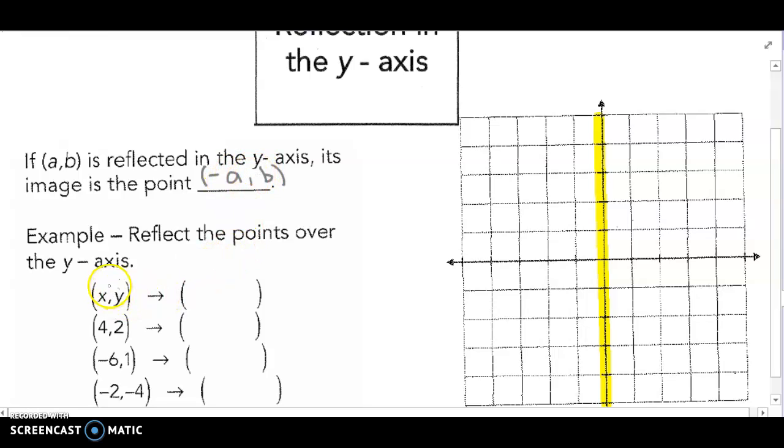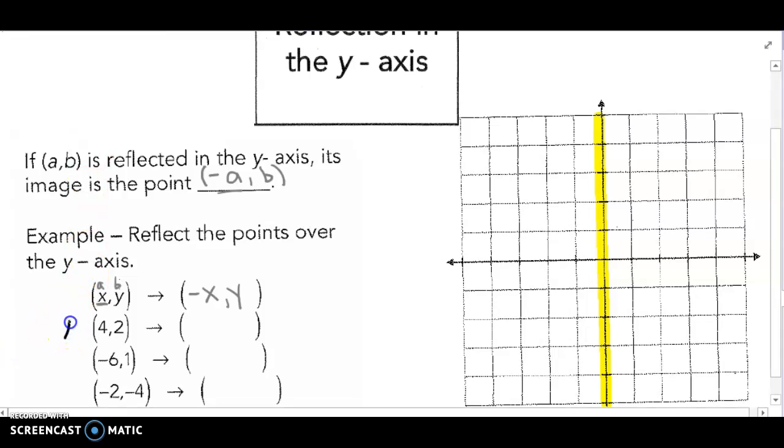Okay, and obviously, if it's already negative, it would go to a positive. Okay, so my first coordinate's my A, my second coordinate's B. So if I reflect this over the y-axis, my x becomes a negative x, and then my second coordinate, notice it just stays the same, so it's negative x comma y.